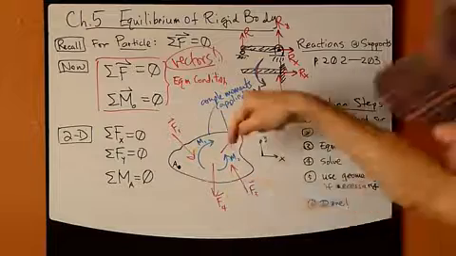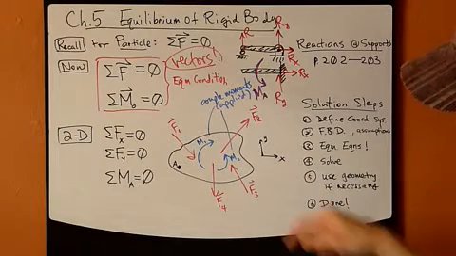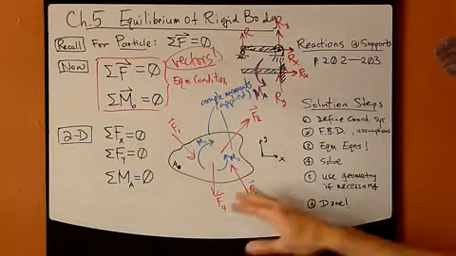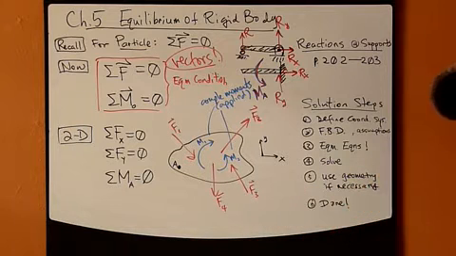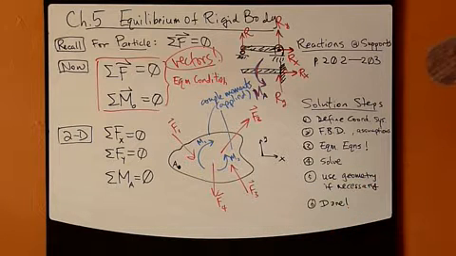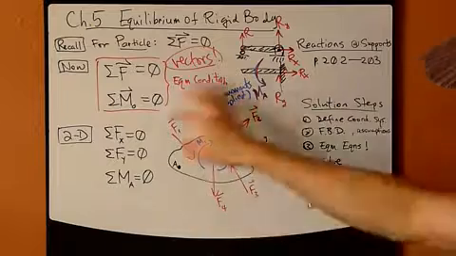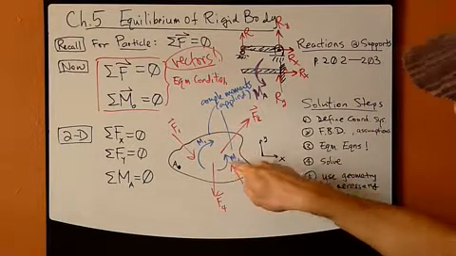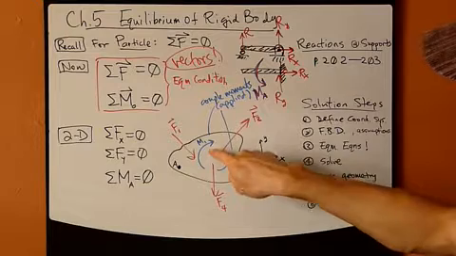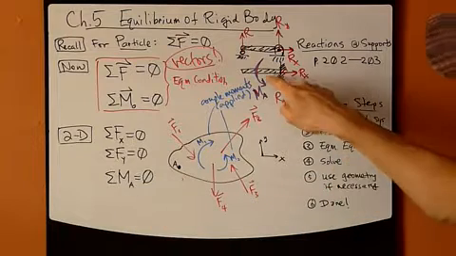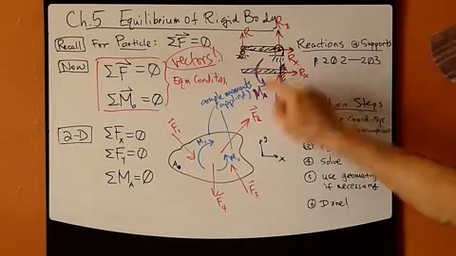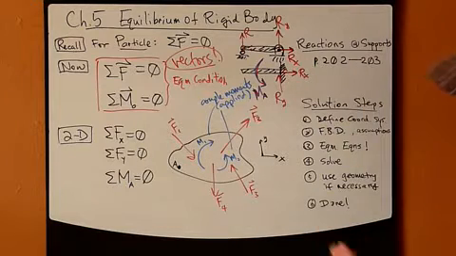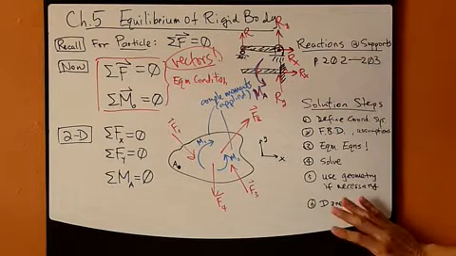The mass will have a weight, so the weight is considered an external force. And friction, for example, is considered a contact force. So any external force, as well as applied moment, for example couple moment, or reaction moment.